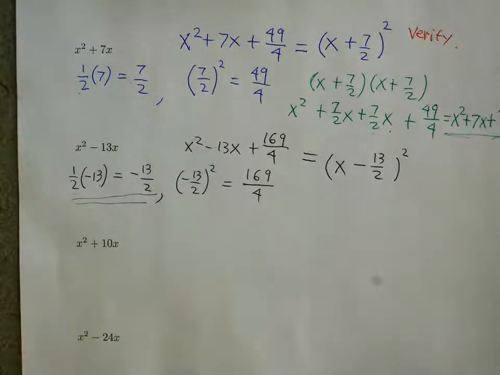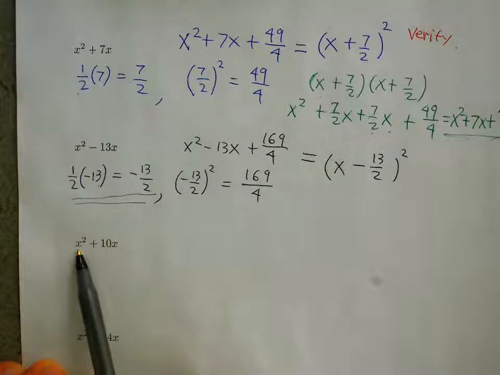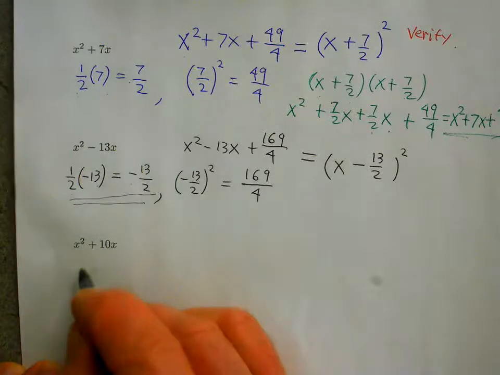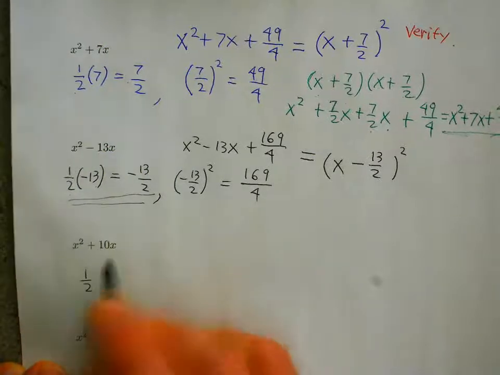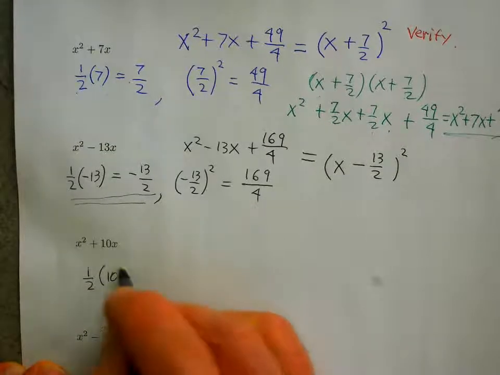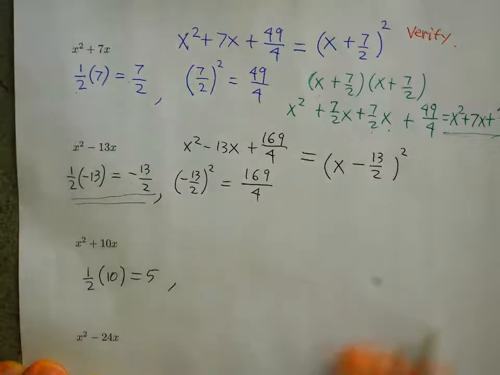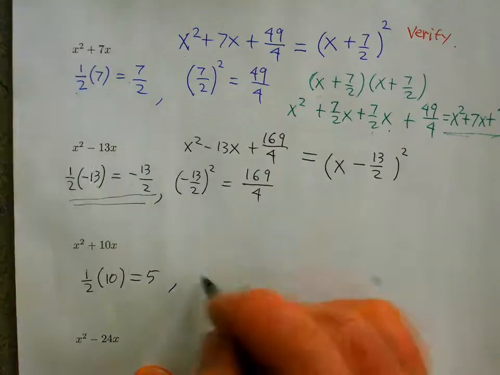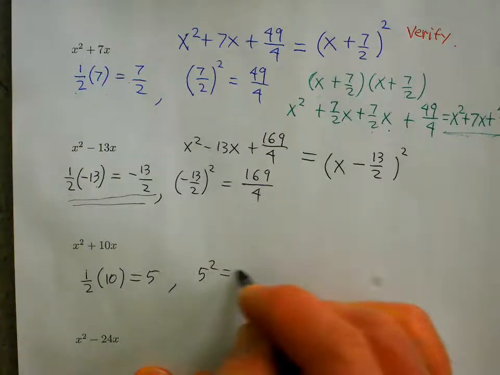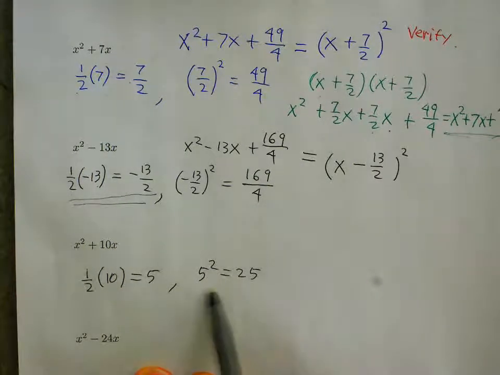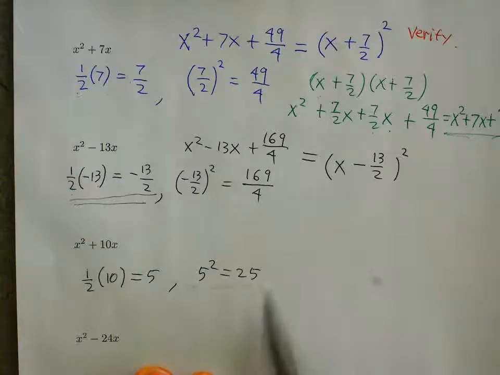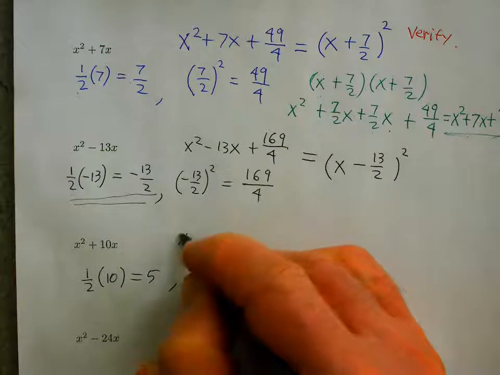Okay, the next one, we just have a couple more practice problems. The coefficient of x squared is 1. So we take 1/2 of the coefficient of x. 1/2 of 10 is 5. Then we square that number. 5 squared is 25. And so this is the number that we add to x squared plus 10x to create a perfect square trinomial.